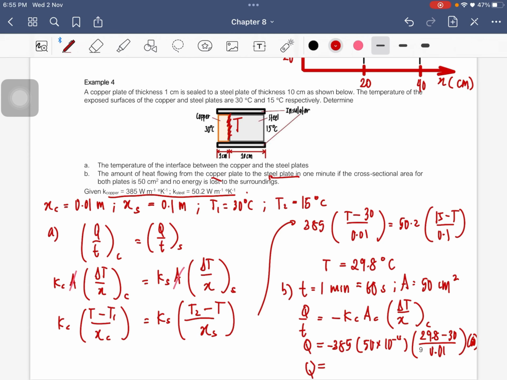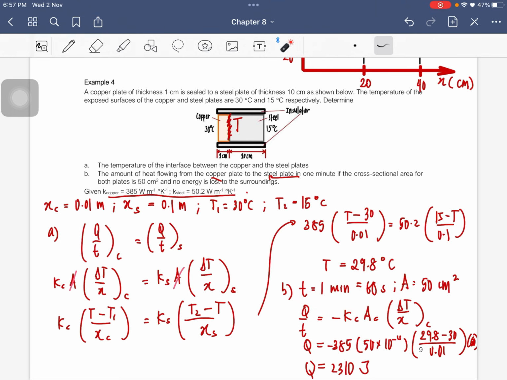We should get 2310 joules, but let me double check if it's correct. 385, 50, 29.8 minus 30, over 0.01, 60, yeah, 2310 joules. So it asks for the amount of heat flowing, not the rate of heat transfer, but we use this because it asks for 60 seconds.